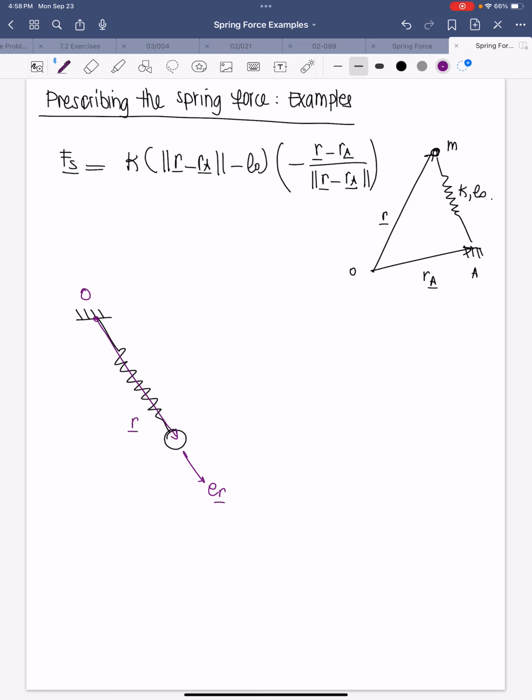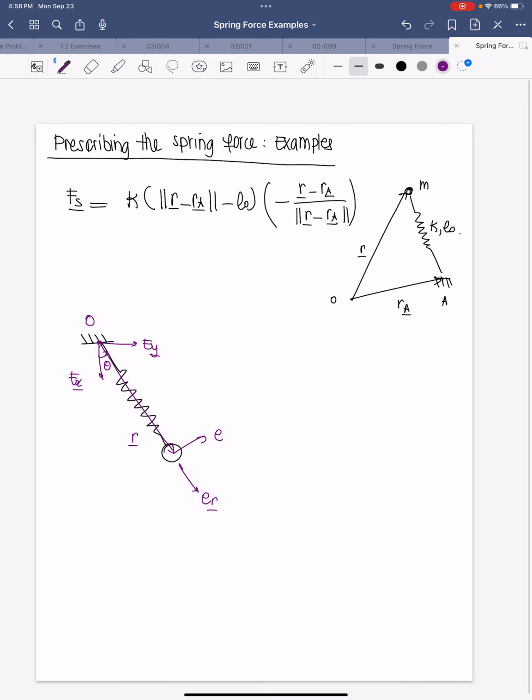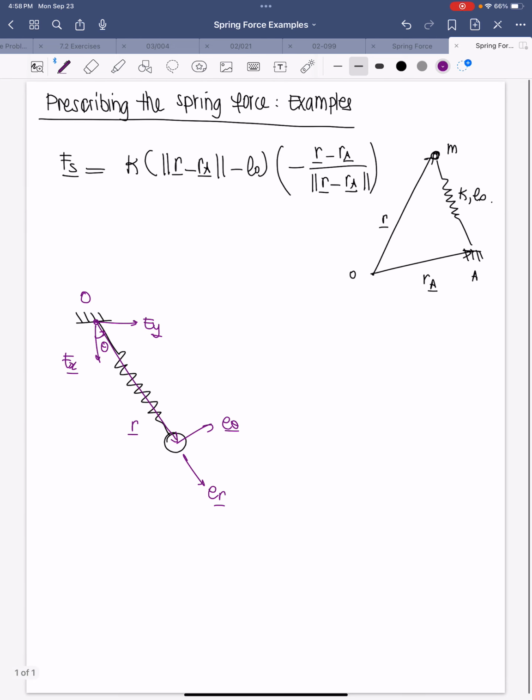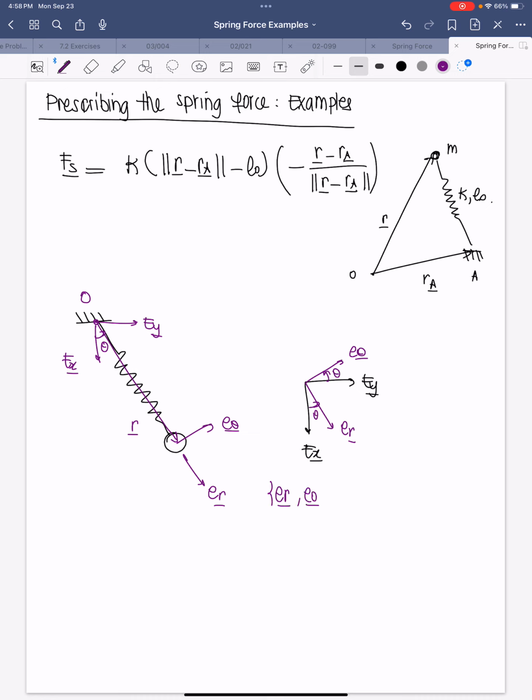R, and then E_theta. Let me draw E_x and E_y this way, and then theta is like this and E_theta is like this. Notice that I have E_x, E_y, and then E_r and E_theta. So E_r, E_theta is E_x, E_y, but rotated by an angle theta.